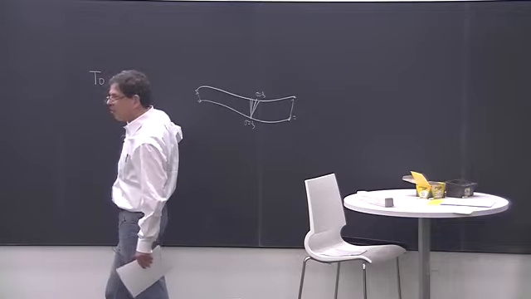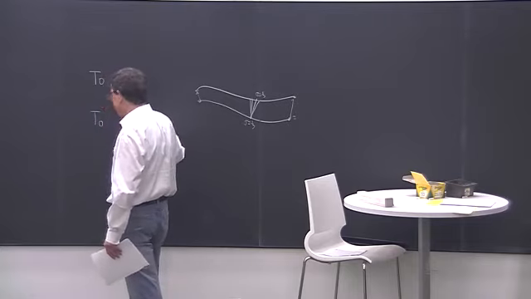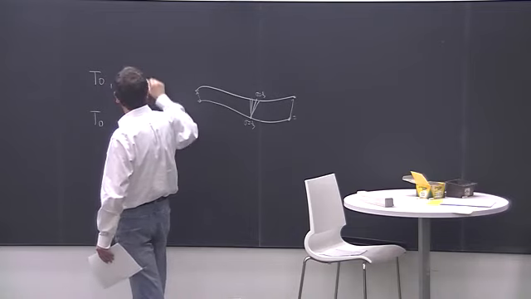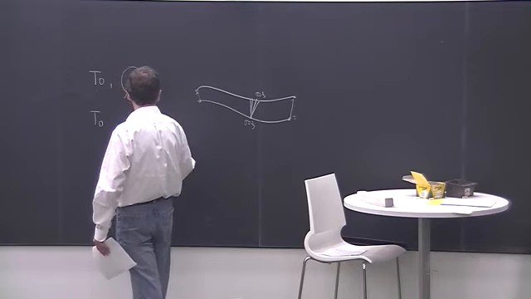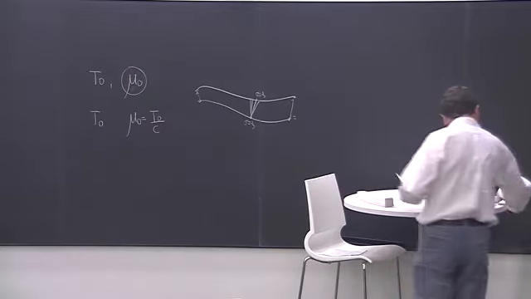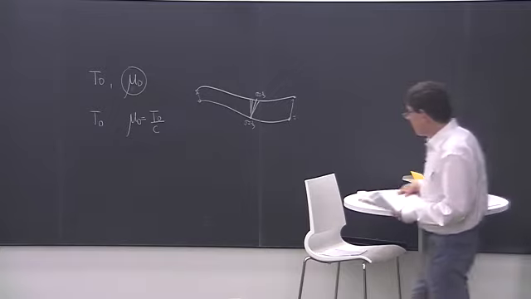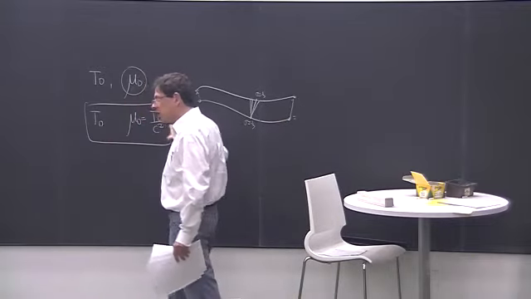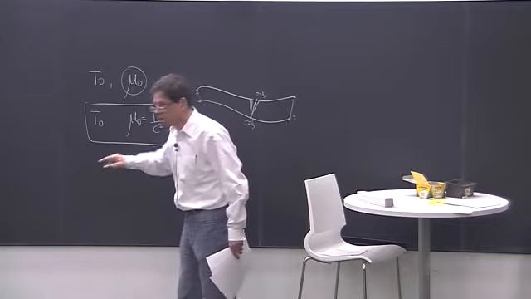What will happen in our relativistic string is that you will have a T naught that you can adjust, but in some sense there's no rest mass, no mu zero. So mu zero is actually T naught over C squared in a relativistic string.